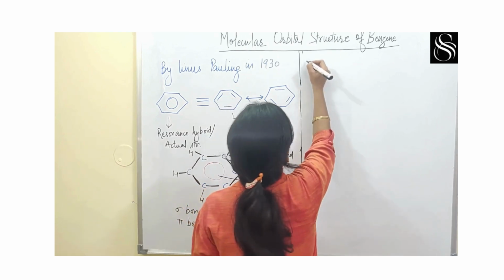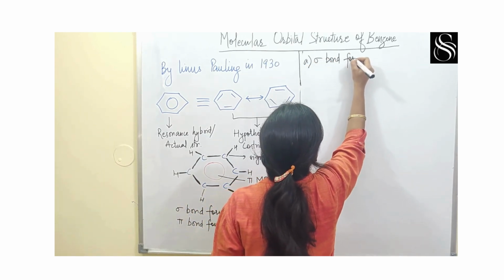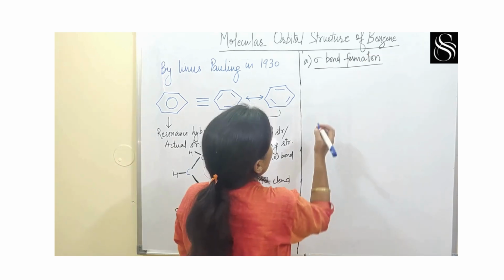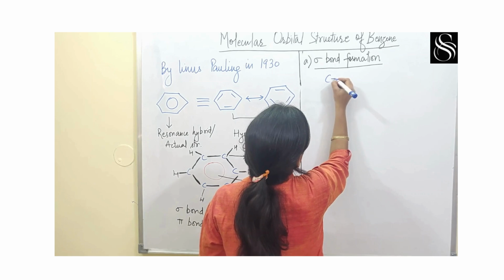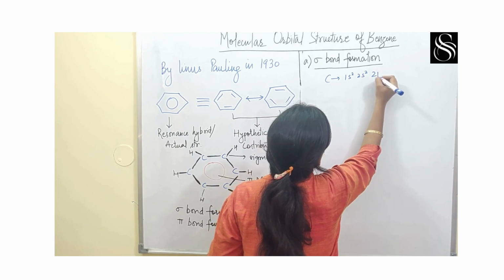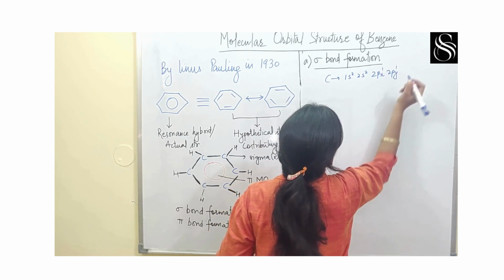We will go to the sigma bond formation: how the sigma bond is formed in the benzene molecule. The configuration of carbon is 1s2, 2s2, 2px1, 2py1.